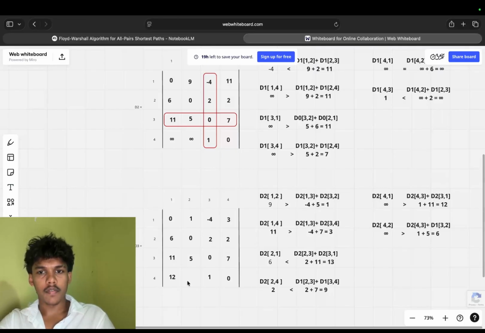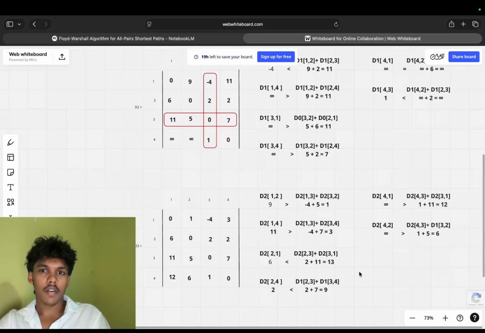Okay. Then we have to find 4 to 2. 4 to 2 is infinity. Our middle element path is 4 to 3, then 3 to 2. 4 to 3 is 1, 3 to 2 is 5, so answer is 6. 6 is less than infinity, so we will add 6.